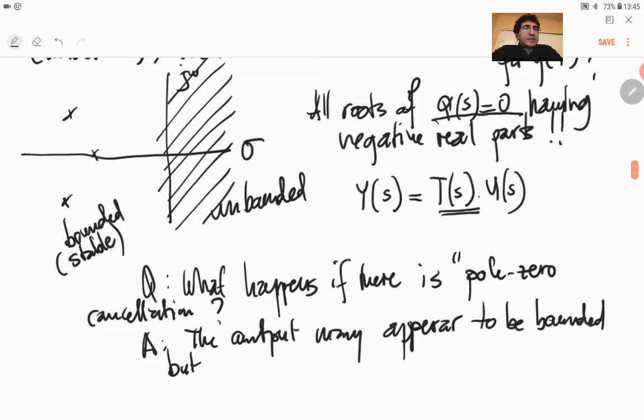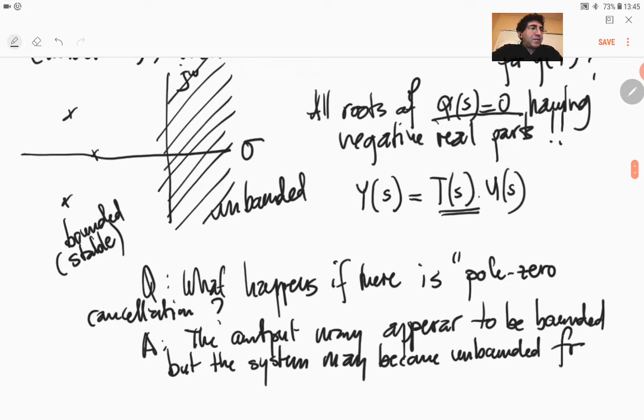The system may become unbounded from the inside.